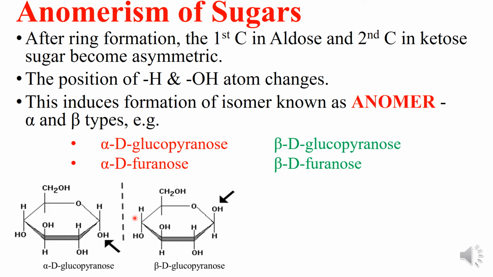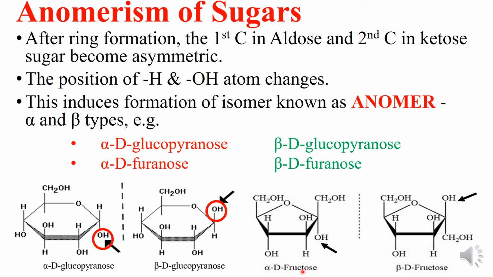This diagram shows an example of the cyclic form of glucose which exists in pyranose form. The hydroxy group around the first carbon in alpha D glucose is below the plane, and in beta D glucose the hydroxy group is above the plane.